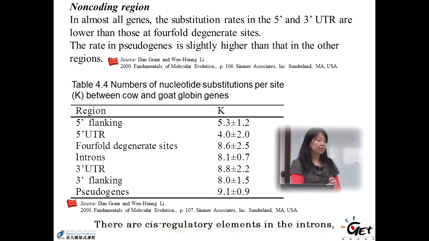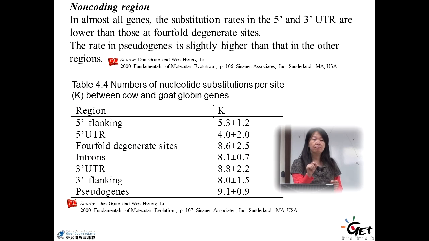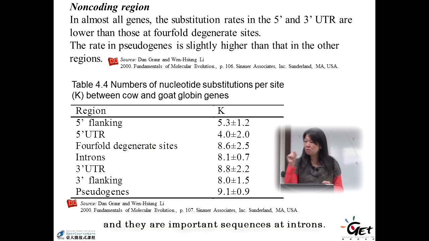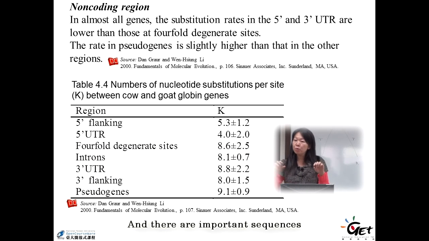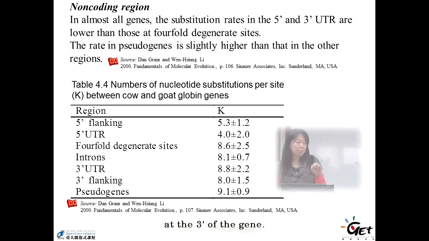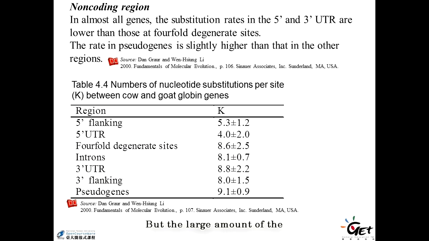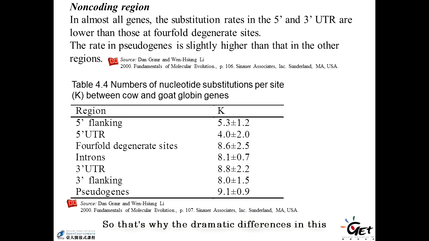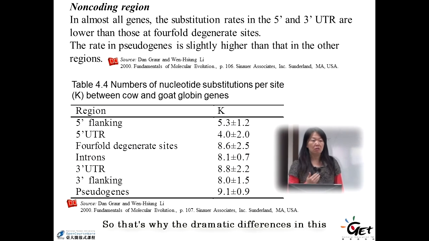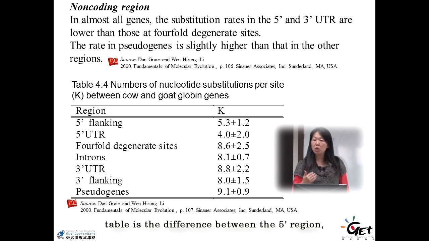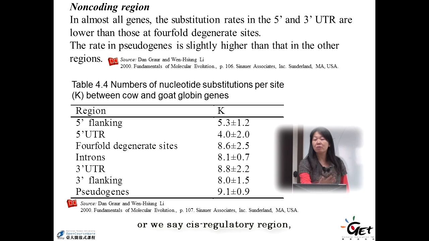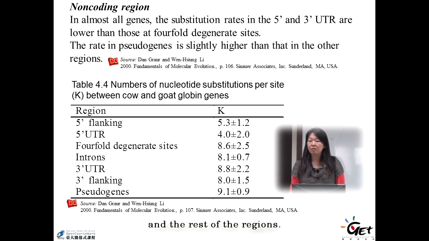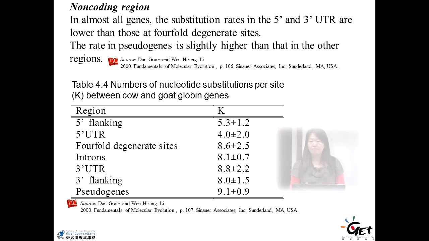There are cis-regulatory elements in the introns, and they are important sequences, right? And they are important sequences at the 3' of the gene. But the large amount of the information is at the 5'. So that's why the dramatic difference in this table is between the 5' region, or say the cis-regulatory region, and the rest of the regions.